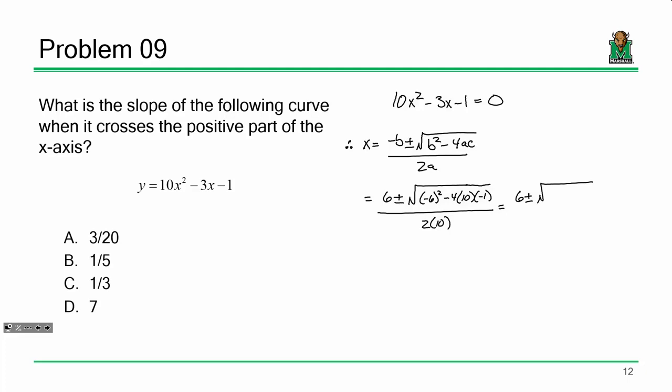Wait. I'm getting ahead of myself. For some reason I thought that was 6. That's -3, and that's 3. I don't know why I wrote 6. So square root of 3 squared is 9, minus 4 times 10 times -1 is +40, over 20.